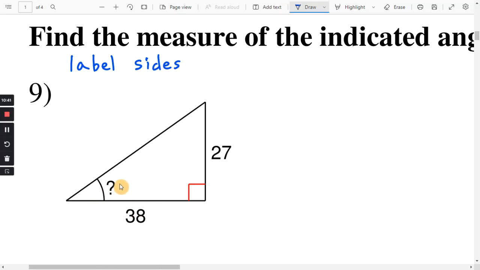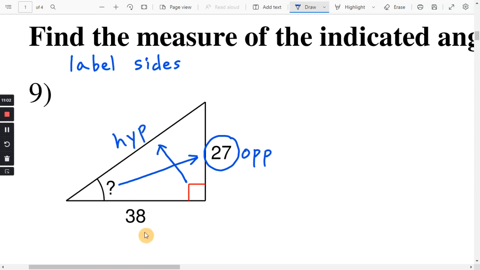We go across from the question mark, and that side is going to be considered the opposite, abbreviated OPP. Across from the right angle is your hypotenuse, abbreviated HYP. And the remaining side is your adjacent, ADJ.